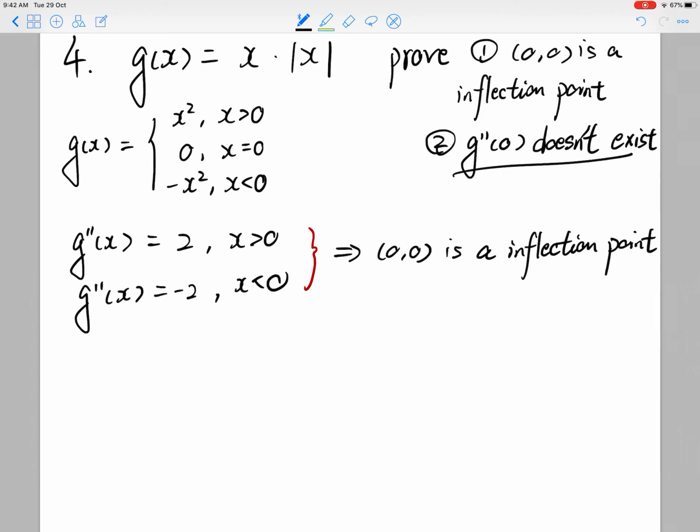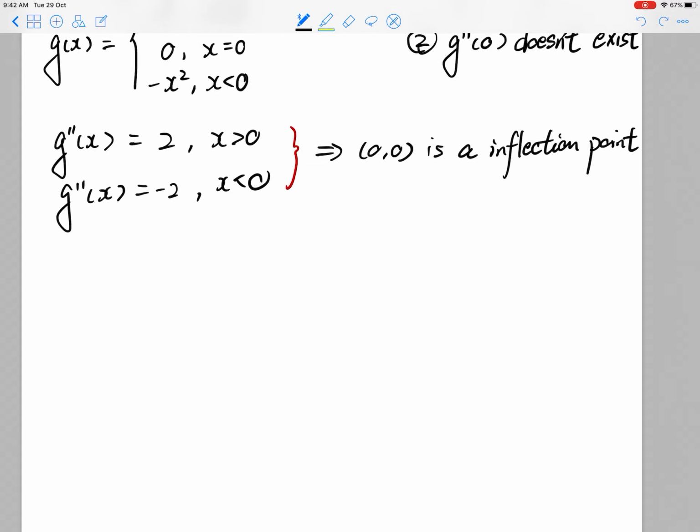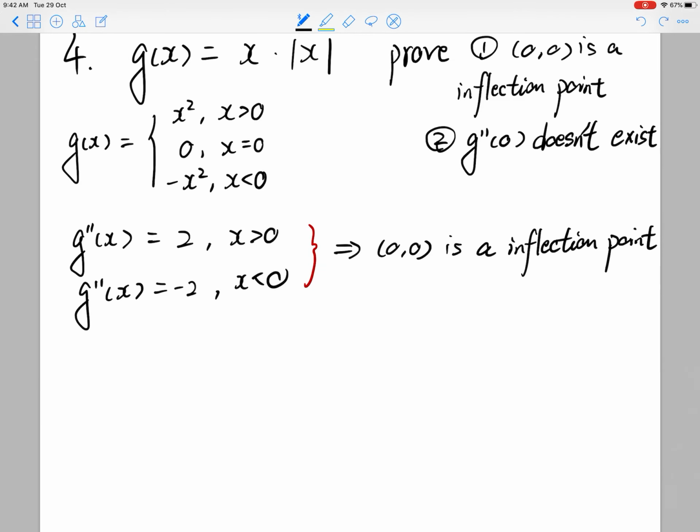Okay, second part, you are asked to prove that the second order derivative doesn't exist. So what is the first order derivative? The first order derivative is 2x when x is positive, and negative 2x when x is negative, right?